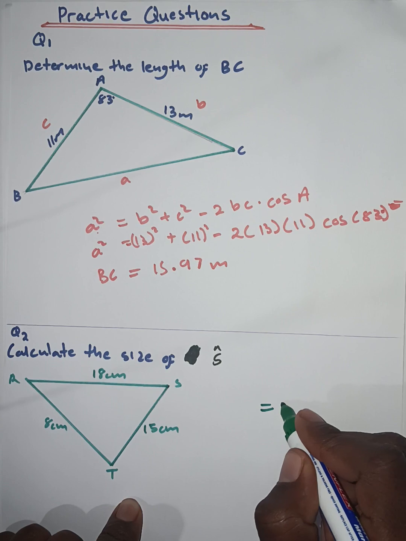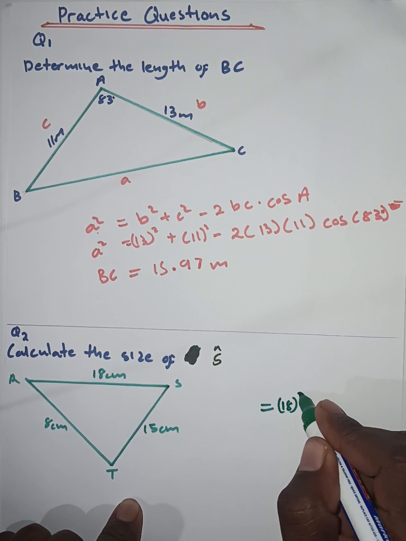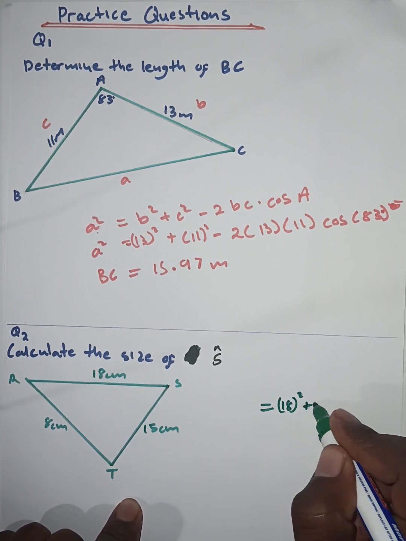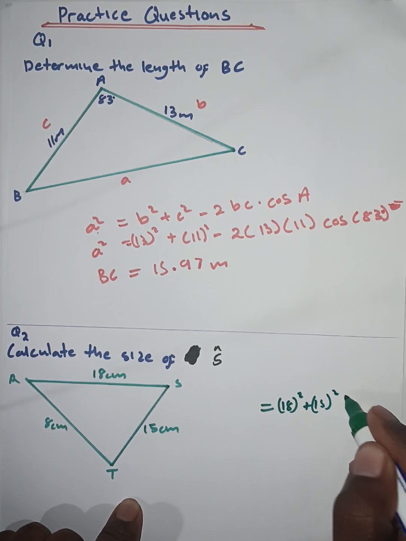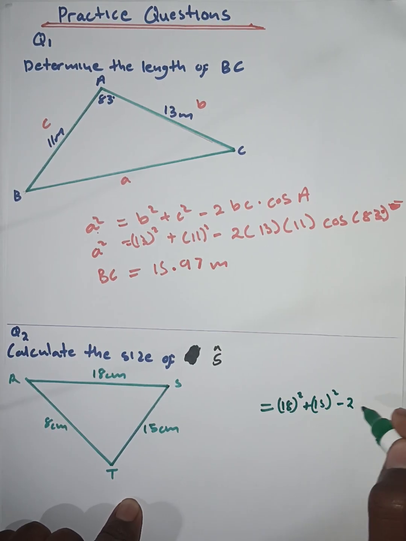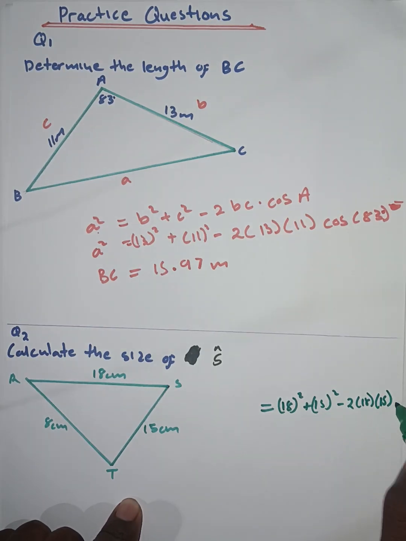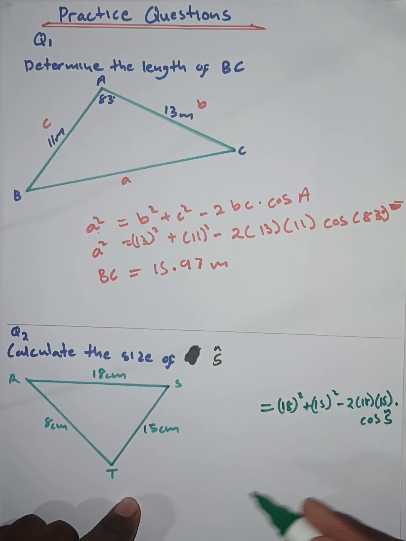So this would be 18 squared plus 15 squared minus 2 multiplied by 18 multiplied by 15, and multiply that by the cos of s, so that's the cos of the angle in between. Forgive me, I actually ran out of space there.